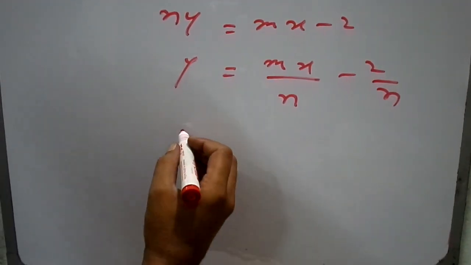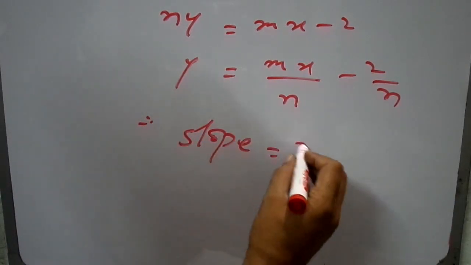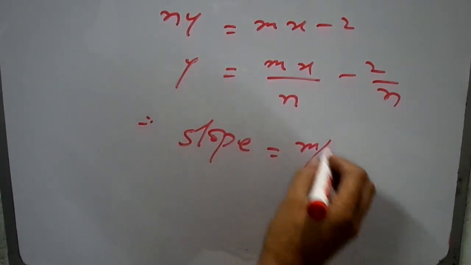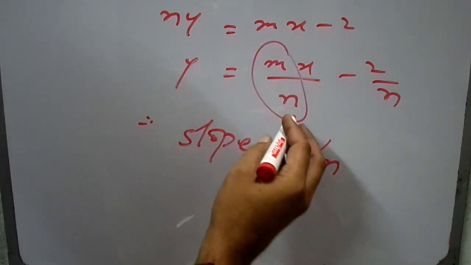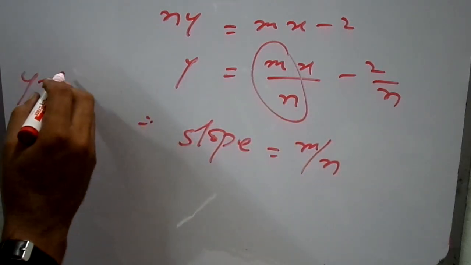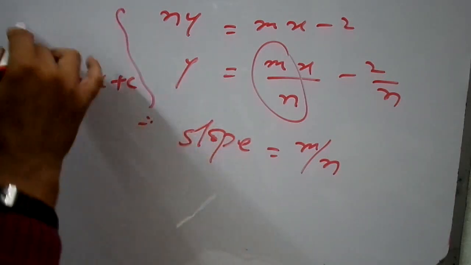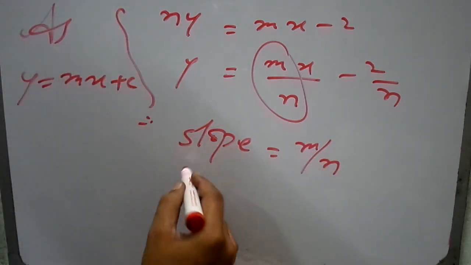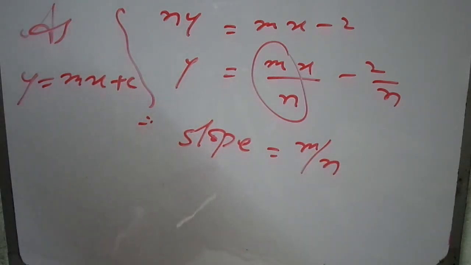So the slope is m by n, because if I compare this with the standard equation y is equal to mx plus c, you can understand that the slope is m by n.